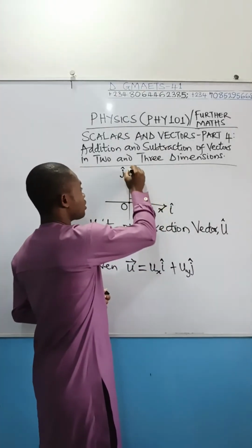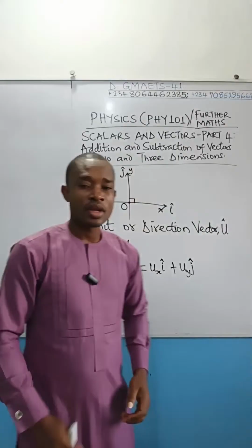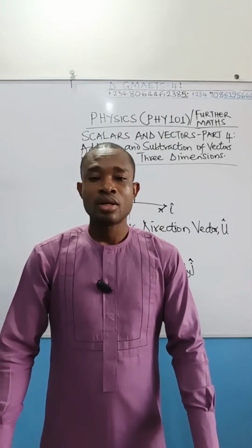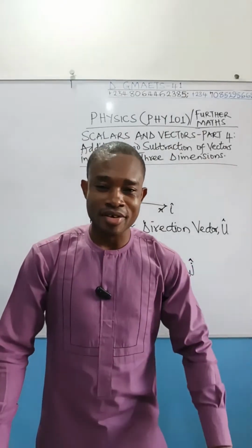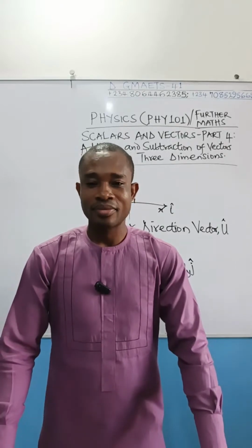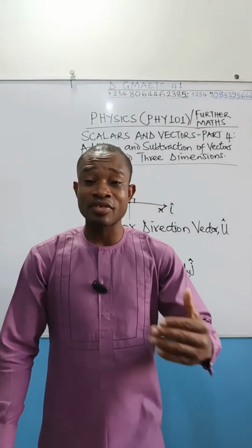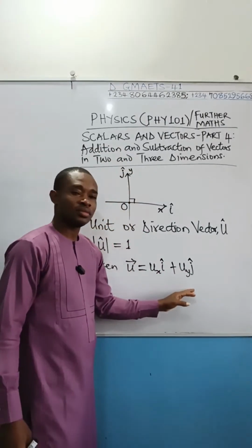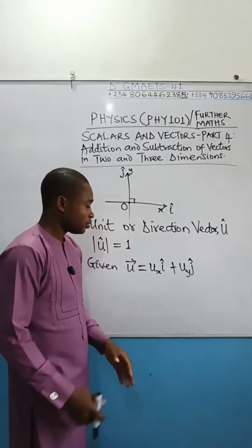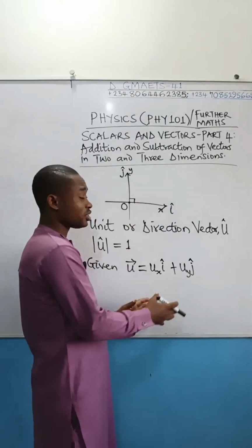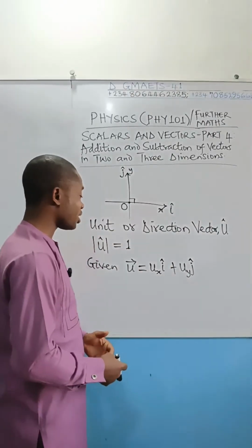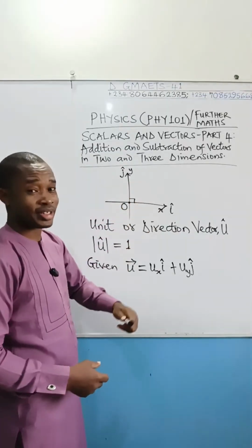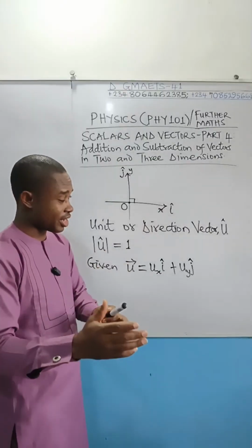If the vector is in 3 dimensions, as you will soon see, we introduce another direction vector or unit vector, which is k. But we are dealing with the case of 2-dimensional vectors yet. The same idea we use in analyzing 2-dimensional vector, to a greater extent, we use it to also analyze 3-dimensional vector. Vector in plane and vector in space, respectively. That's what 2-dimensional vector and 3-dimensional vectors are.